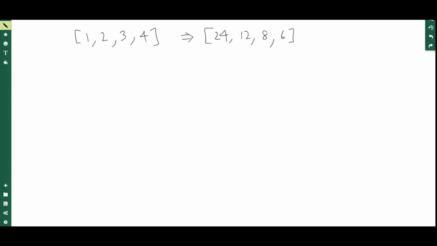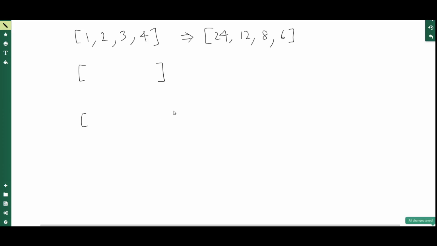Given the input array 1, 2, 3, 4, we want the output to be 24, 12, 8, and 6. And we want to do this without using a division operation. So how can we solve this? The key is to use two arrays. So imagine this situation where I have two arrays.